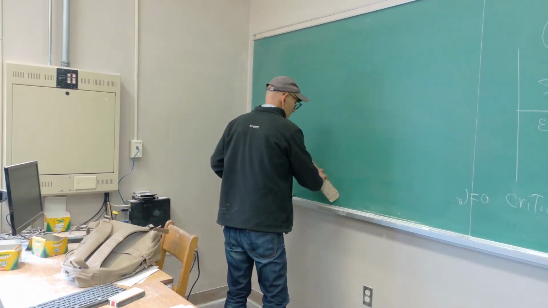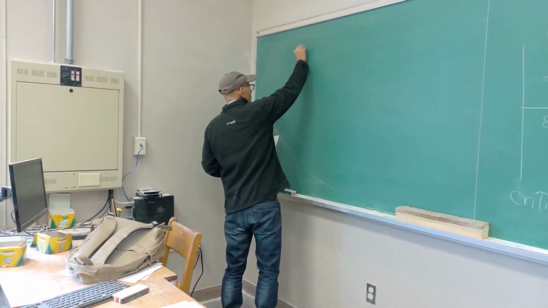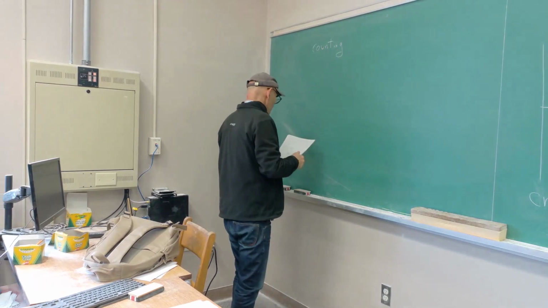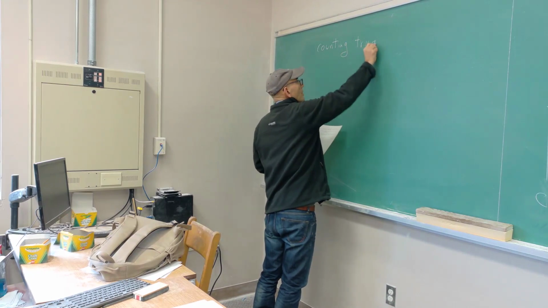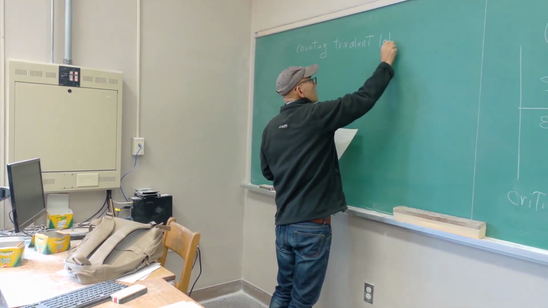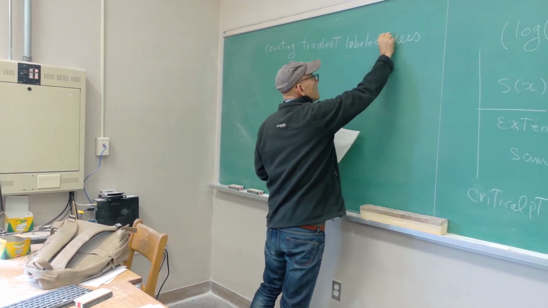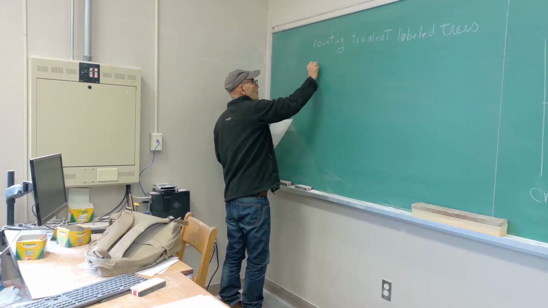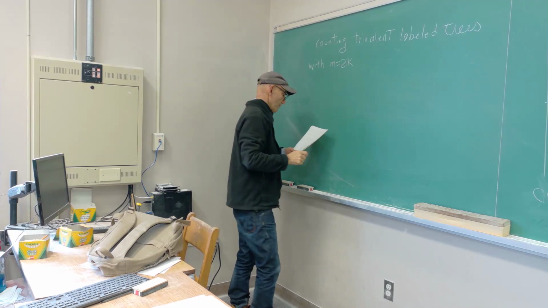the next thing is counting trivalent labeled trees with n equal to 2k, an even number of vertices.